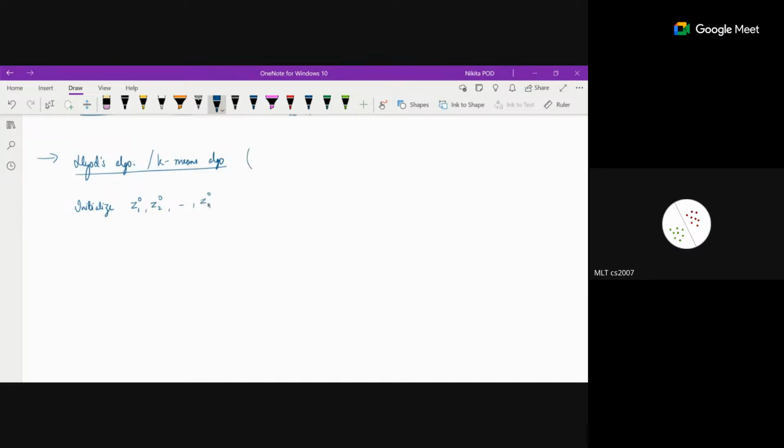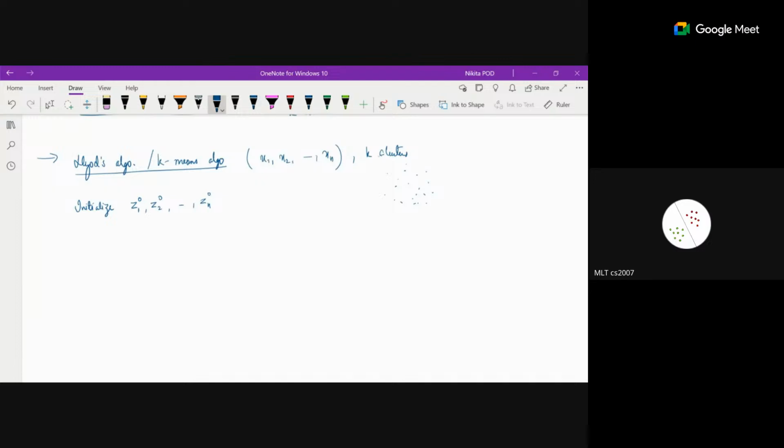Again, the setup is that we have n data points and k clusters, so each of the data points will be in one of these k clusters.